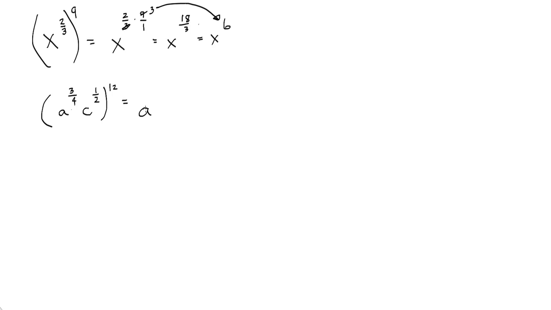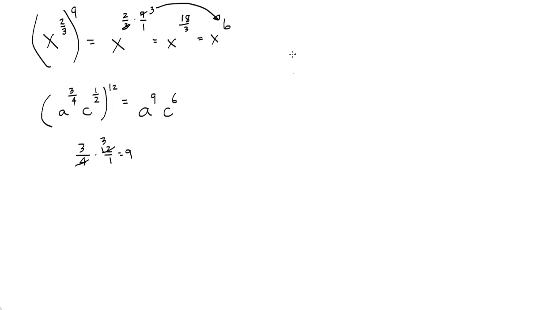Okay, so we've got a to the 3/4 times 12, which is 9, a to the 9th. C, 1/2 of 12 is 6. So pretty straightforward, right? We can use the same rules that we learned for integer exponents and zero exponents, and we can use them on fraction or rational exponents as well.